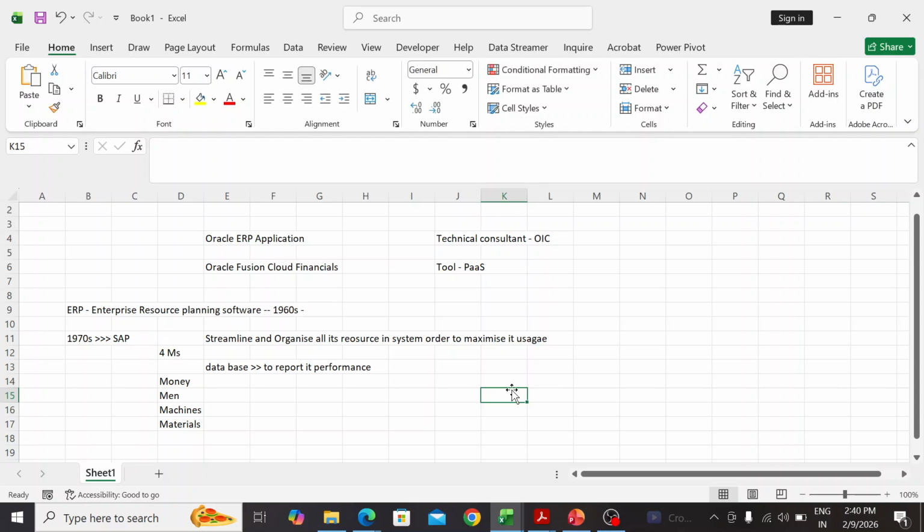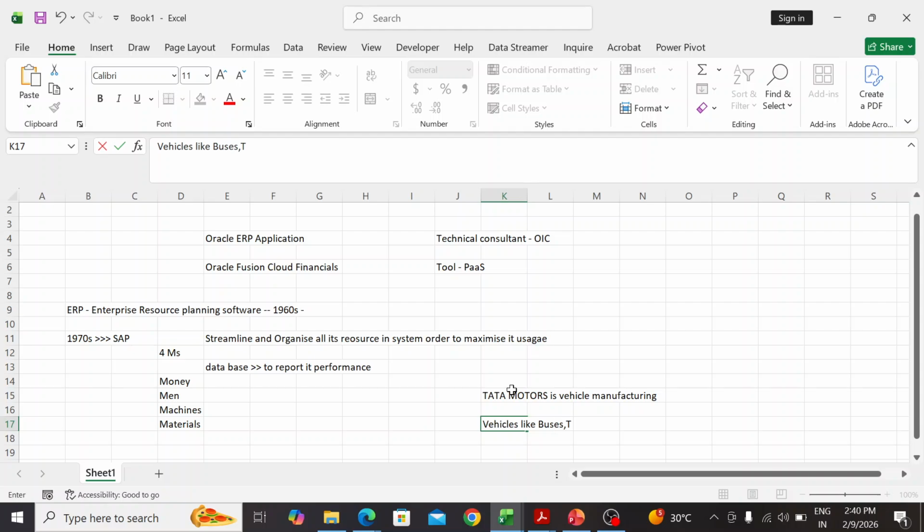Say, for example, Tata Motors. Tata Motors is a vehicle manufacturing company, majorly manufacturing buses and trucks.